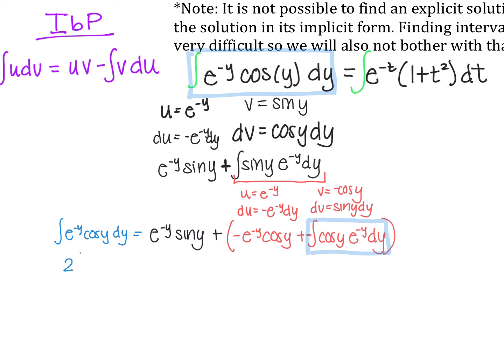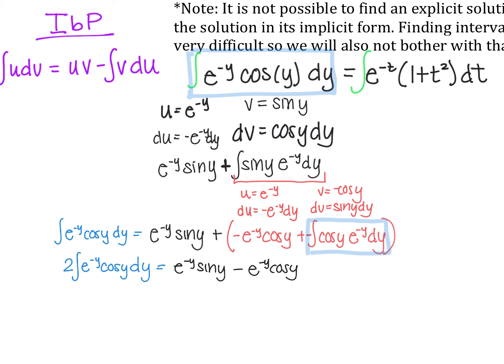So I end up with 2 times the integral of e to the negative y cos y dy equals, and what I have so far is e to the negative y sine y minus e to the negative y cos y. And to solve for this, because the whole point is to get this integral by itself, I just need to divide by 2.